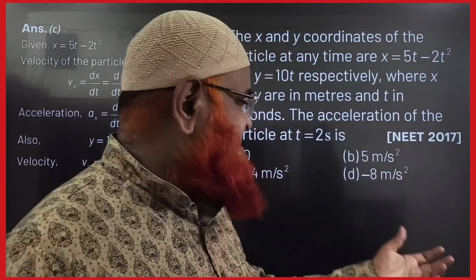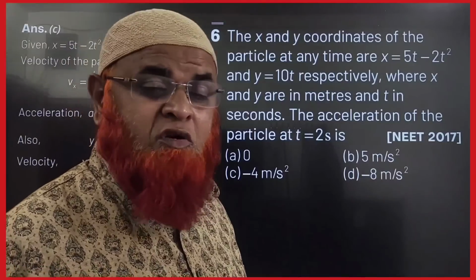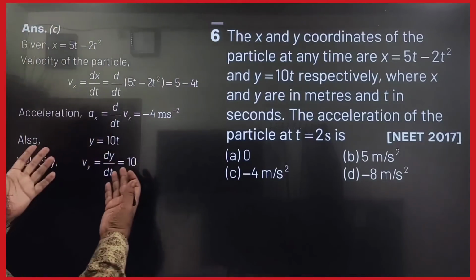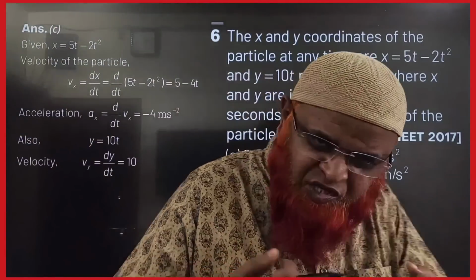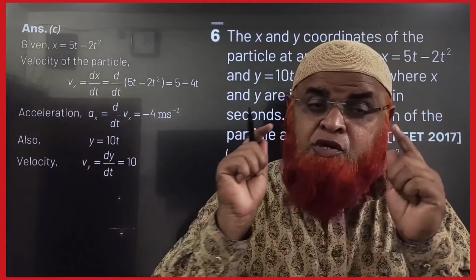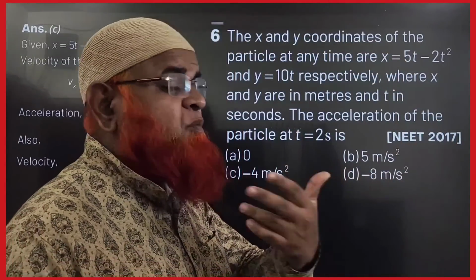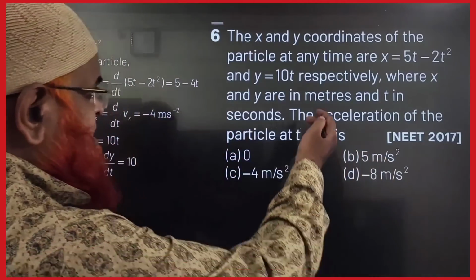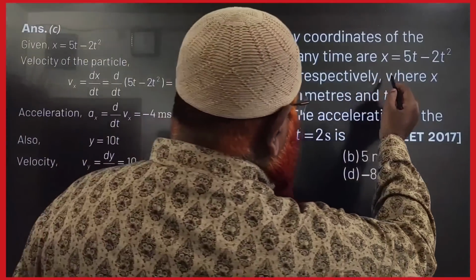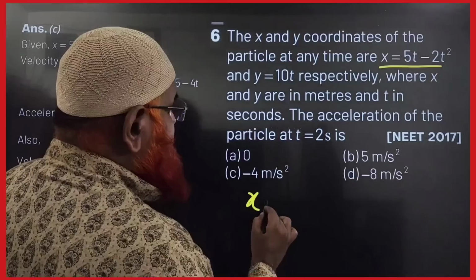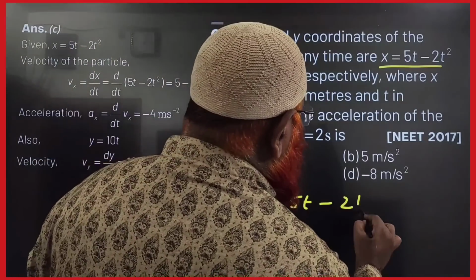Dear students, this is a previous year NEET question asked in 2017. You can just see the solution which has been explained by using differentiation. You hate differentiation, especially NEET students. I will explain without using differentiation. You can just see here now. You can just select this equation. See here it is nothing but 5t minus 2t square.